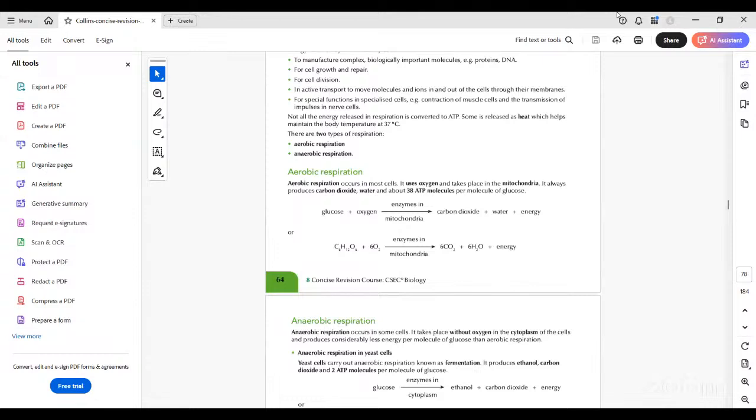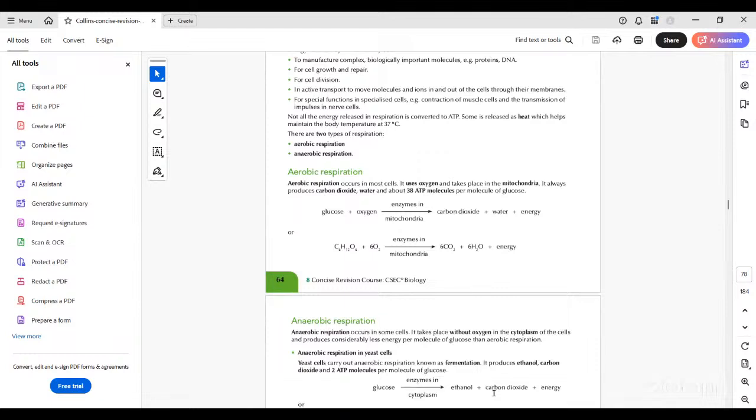So enzymes are important and enzymes are everywhere, right? And enzymes in the mitochondria, giving carbon dioxide plus water plus energy, right? And if they ask us to write the formula, you have to know the formula as in C6H12O6 plus 6O2 over enzymes, mitochondria, and so on. Cool?